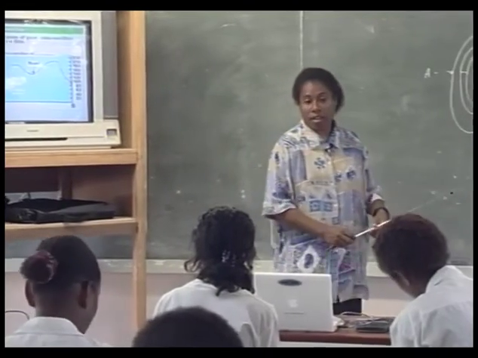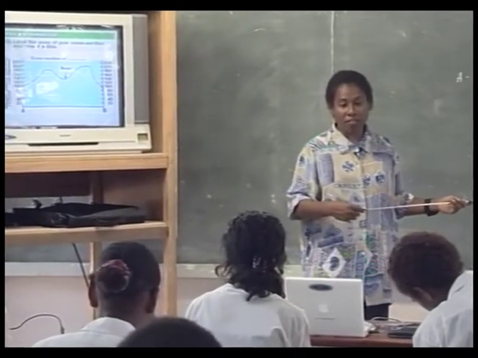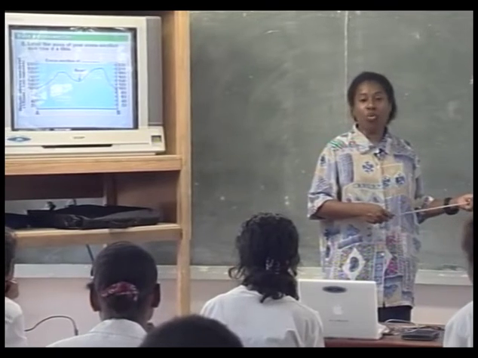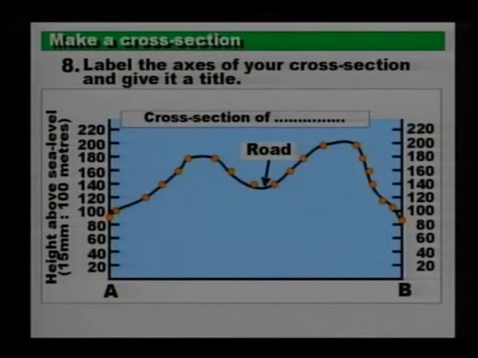Okay, we look at the last but not the final. Any good graph that we construct must have the labels on the graph. So check, have you got the horizontal axis labeled? The horizontal axis is supposed to show the distance from point A to point B. So you label distance from A to B on the horizontal axis. On the vertical axis, we are showing the height in meters.